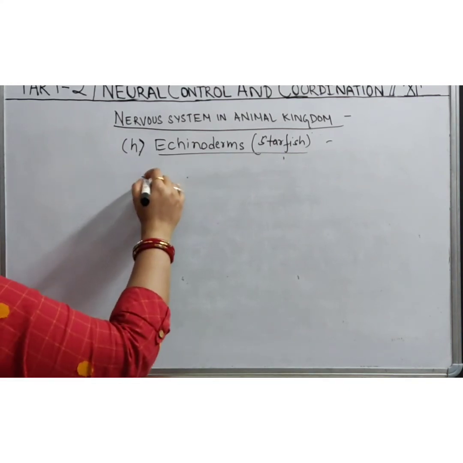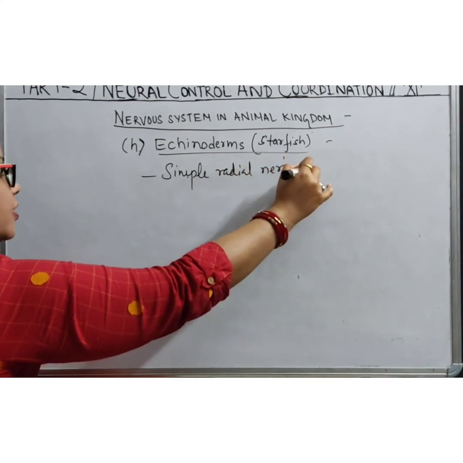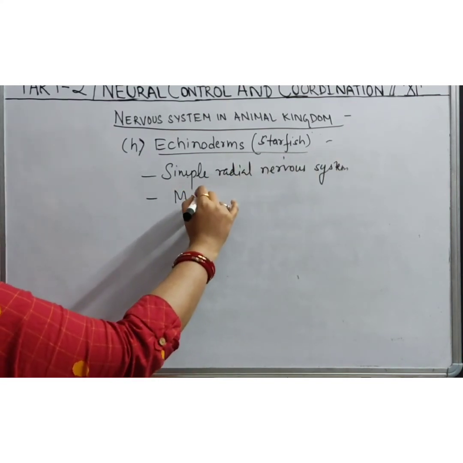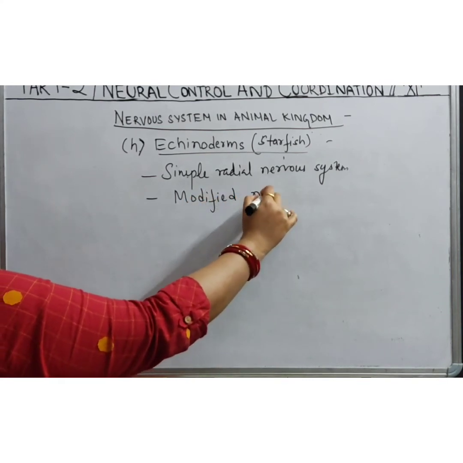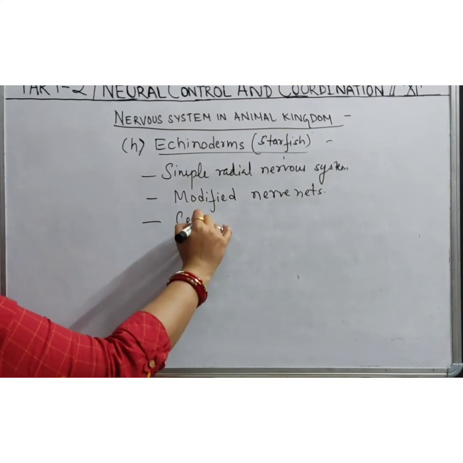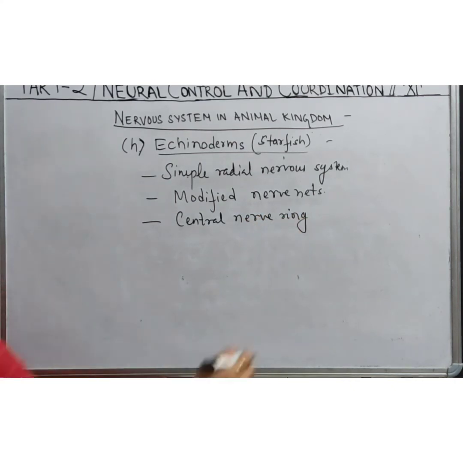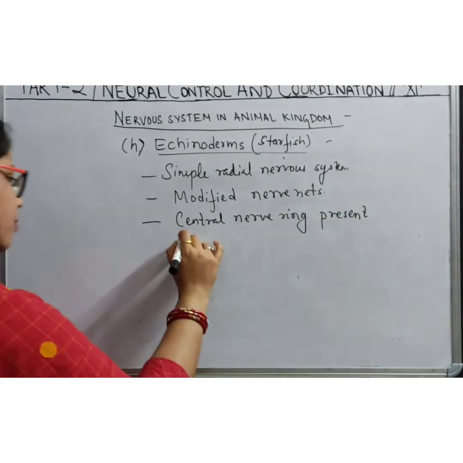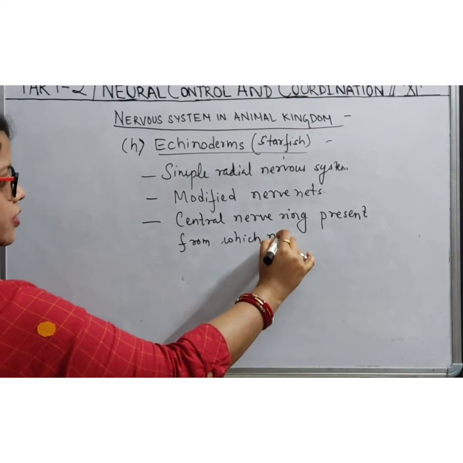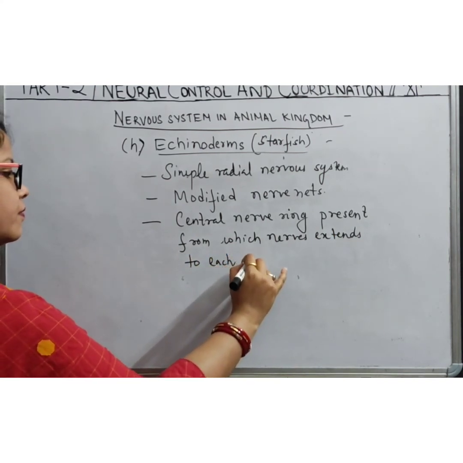They have a simple radial nervous system with nerve nets again, but modified ones. A central nerve ring is also present, from which nerves extend to each arm.